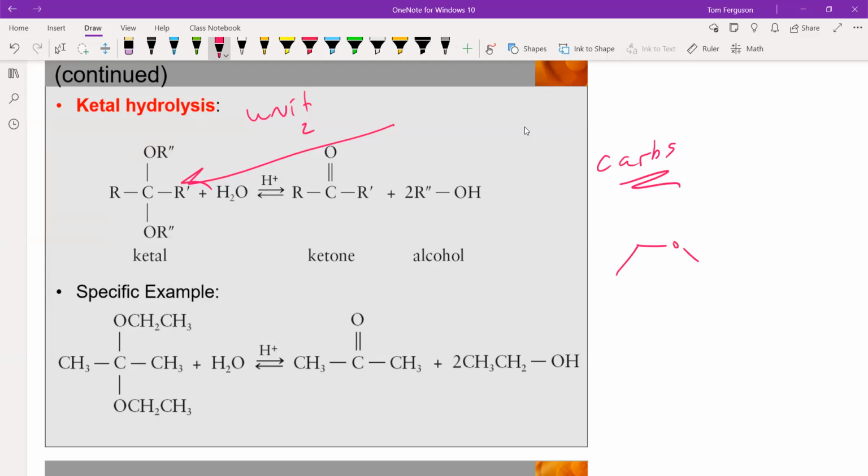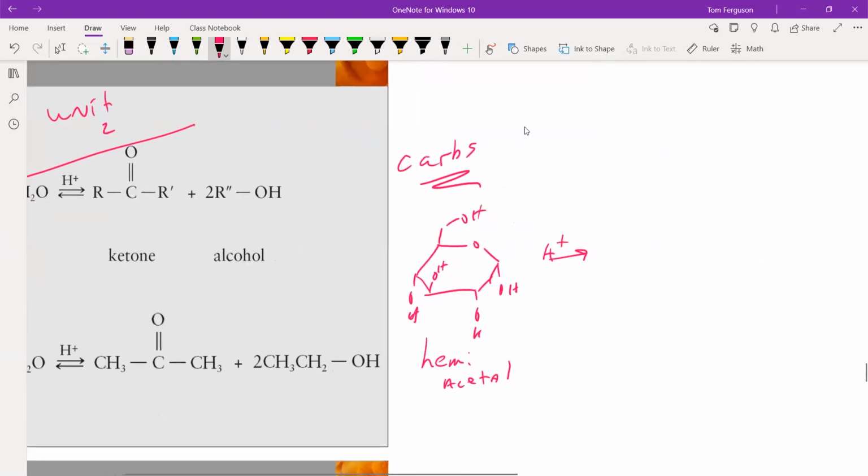Basically, when you have glucose, this is a hemiacetal. This thing can open up to an aldehyde.